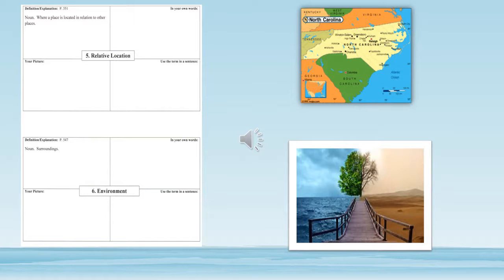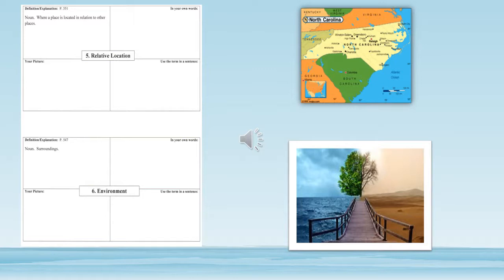And also, if I can find Georgia, then I know that South Carolina is to the right of Georgia. See how that works? If I know the location of one place, I can figure out the location of another place. So if I know the location of North Carolina, then I can figure out the location of South Carolina.